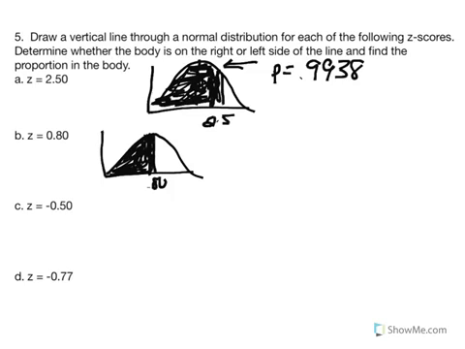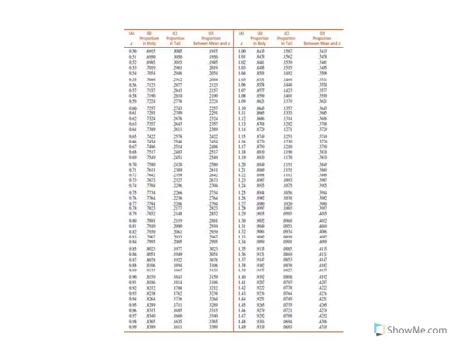So we're looking for, again, the body, the probability of a z-score less than a positive 0.8. So let's utilize our unit normal table. Okay, so again, entering the unit normal table using our z-score, we move down until we find a z-score of 0.8, and here we find, along with its proportion, 0.7881.